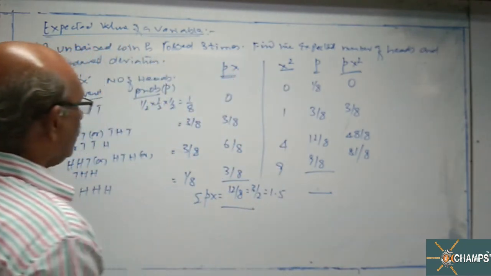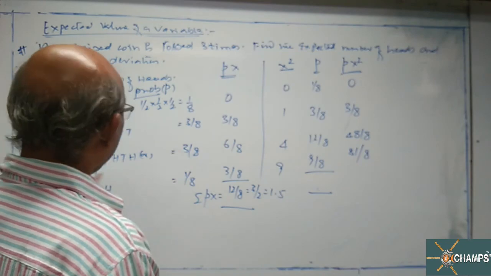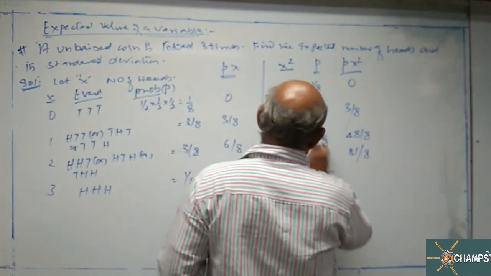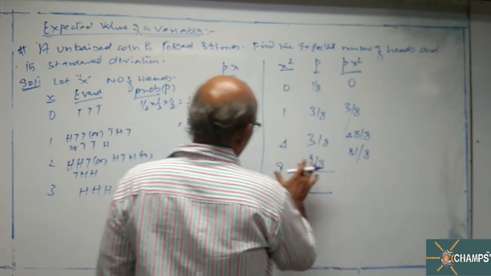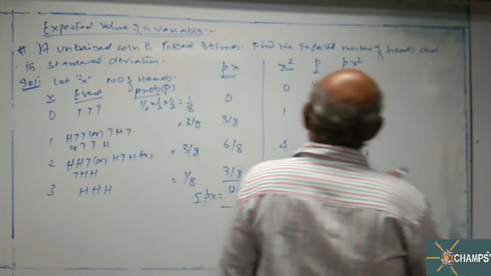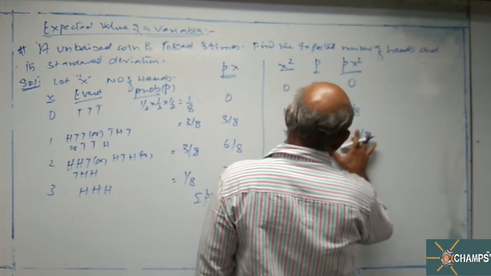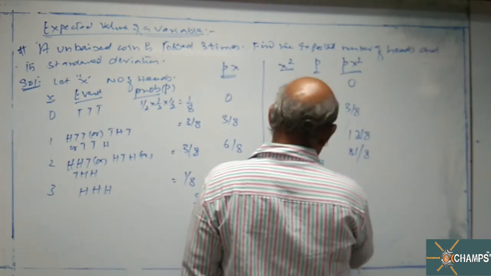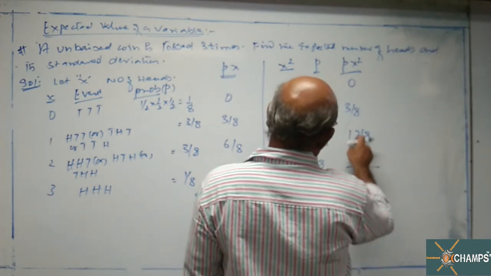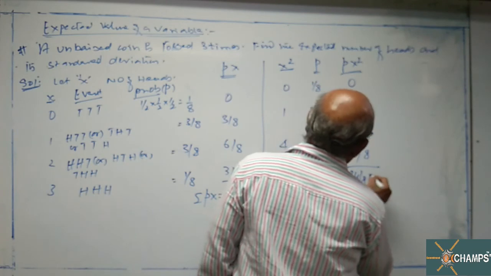X square is 0, 1, 4, 9. Probability 1 by 8, 3 by 8, 3 by 8, 1 by 8. So this is 0, 3 by 8, 3 4s are 12, 12 by 8, 9 by 8. 21, 24 divided by 8, this is 3, sir.